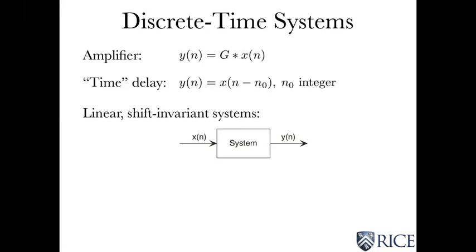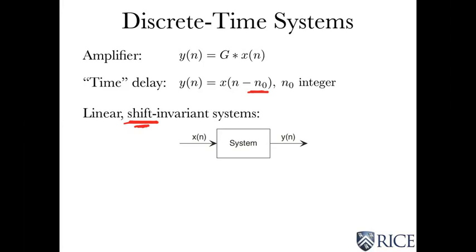Notice the change in terminology here. We say shift invariant because the delay can only be an integer. So the word shift is supposed to mean only delaying by an integer. So it's just a slight terminology change. Linear time invariant systems basically refers to an analog system. Linear shift invariant system refers to a discrete time system.